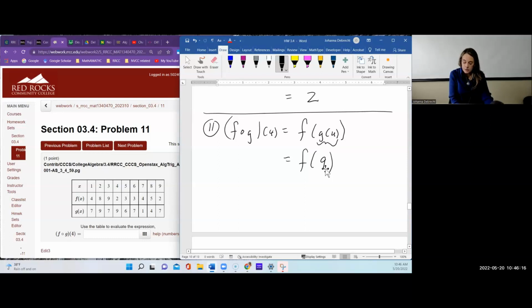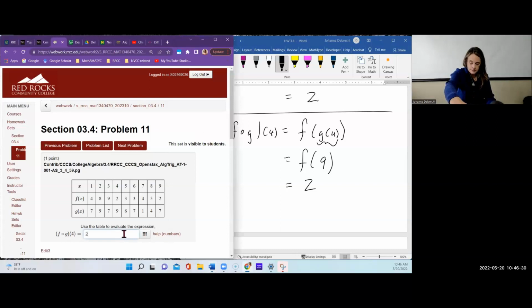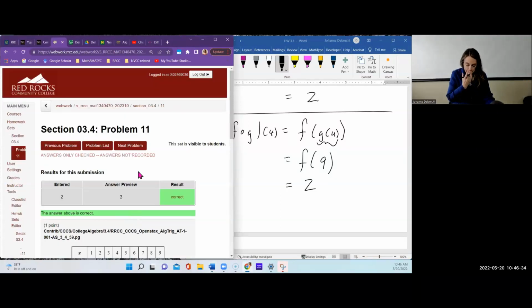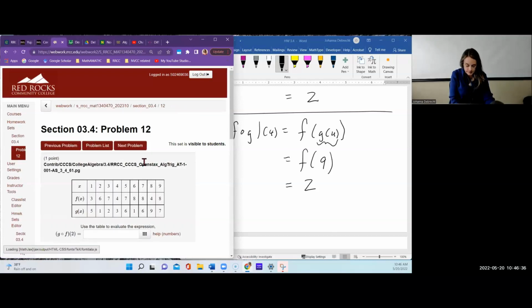We go to the x row where x is 9, and then we move to the f row to find the y value when x is 9 in the function f, and that's a 2. The next problem is similar, so again, I'll leave it to you to work on that one at home.